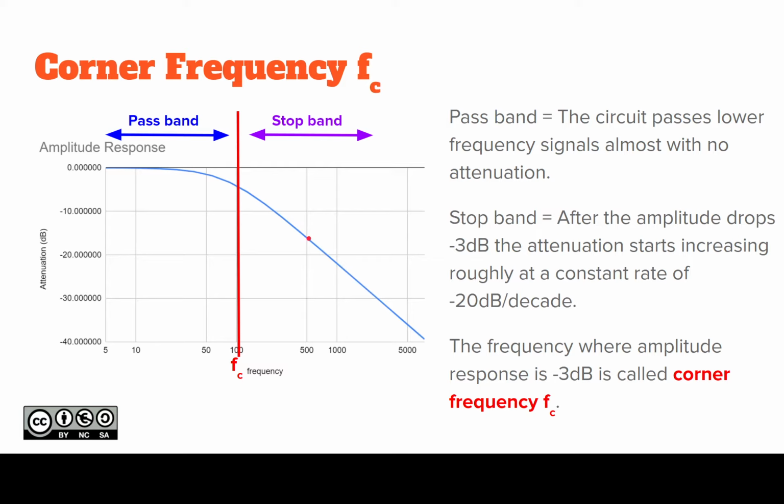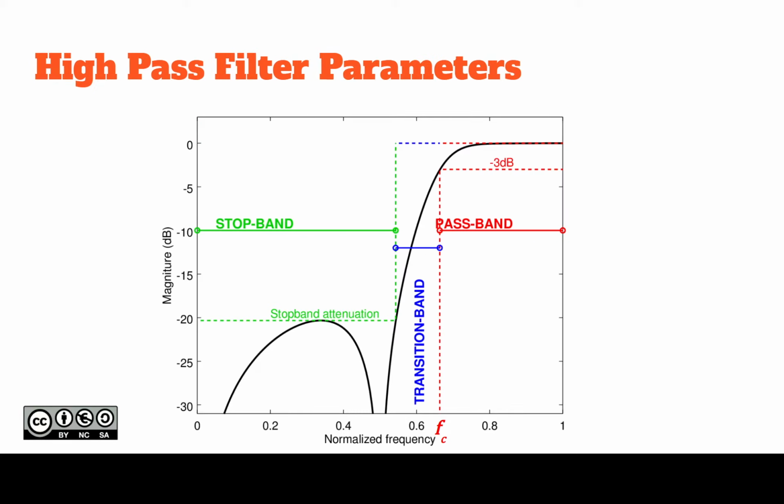Same, for example, from 500 to 5000, the attenuation drop is about 20 decibels. That's actually for the first degree filter. More about those maybe later on. But anyways, corner frequency again, that basically defines the filter property.